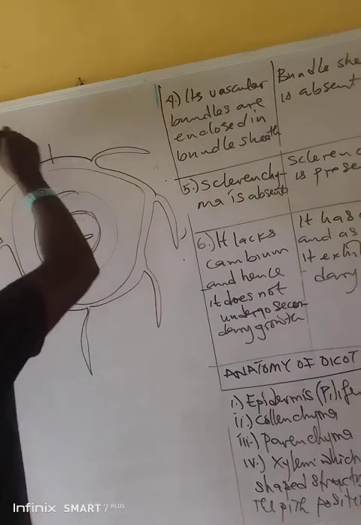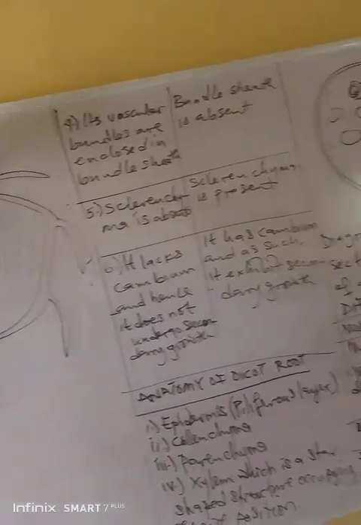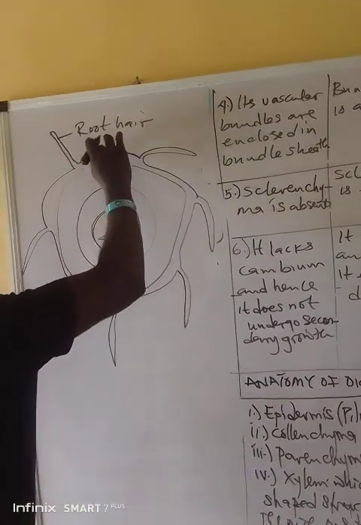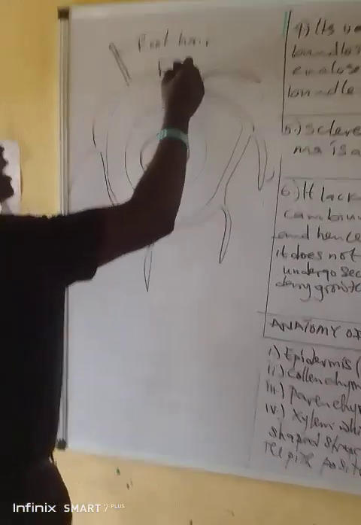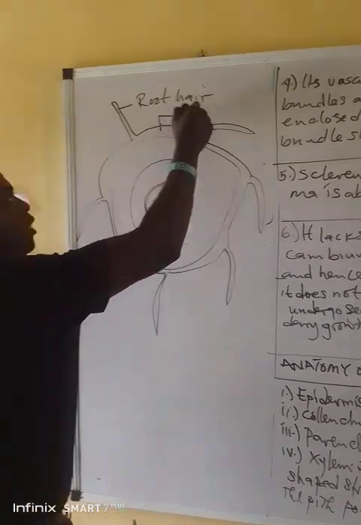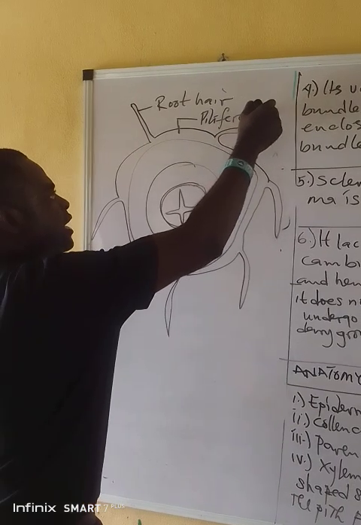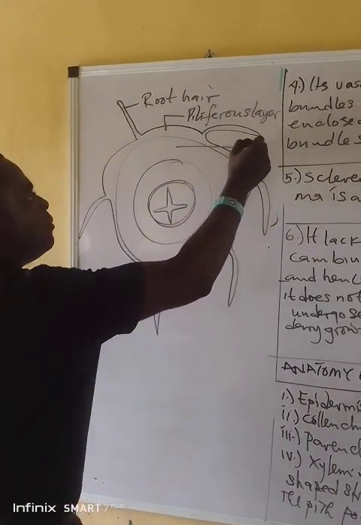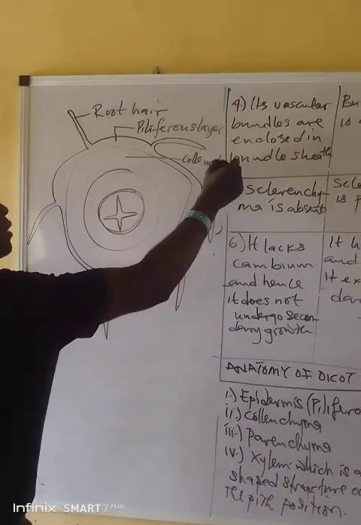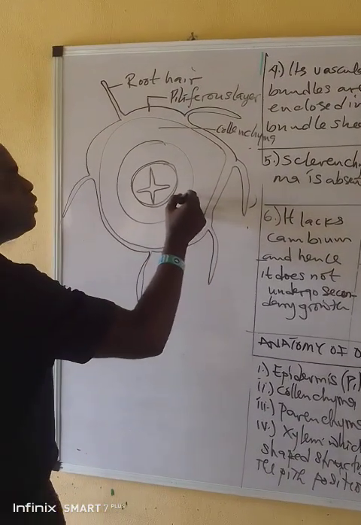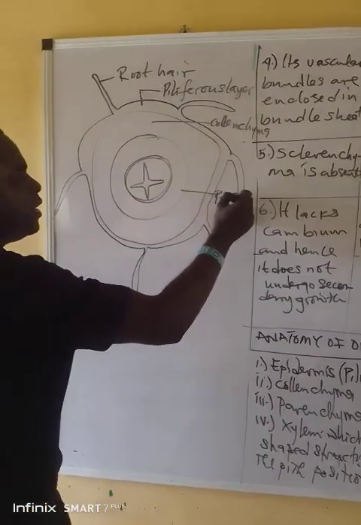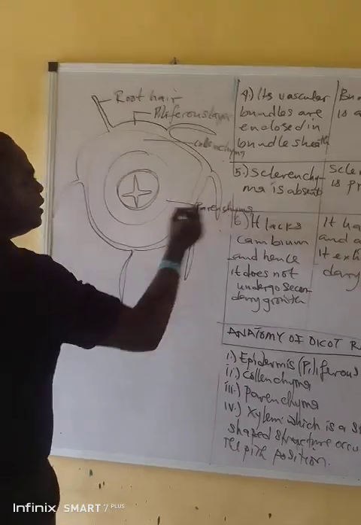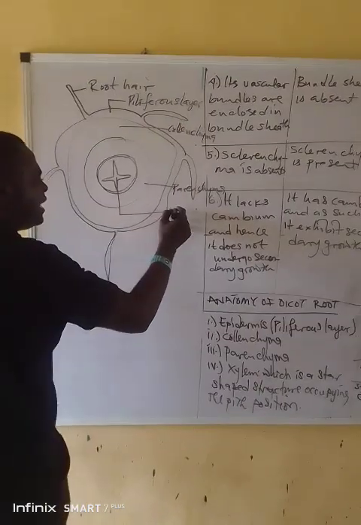Now, this is the root hair. What brings the development of the root hair is called the piliferous layer. So here we have collenchyma. Next one is going to be parenchyma. Then this one that's like a star is the xylem.